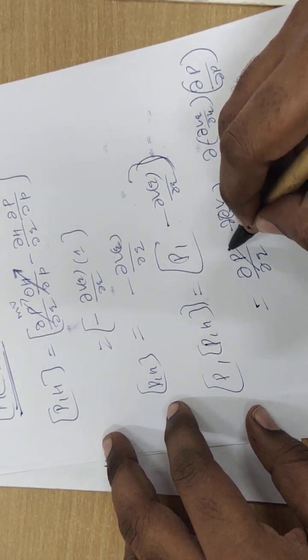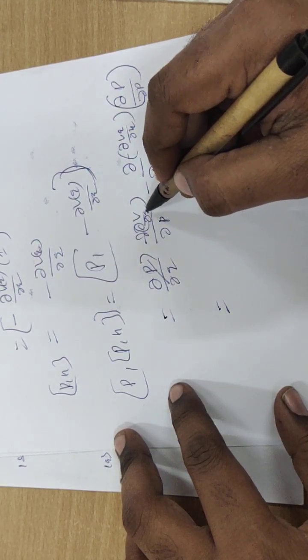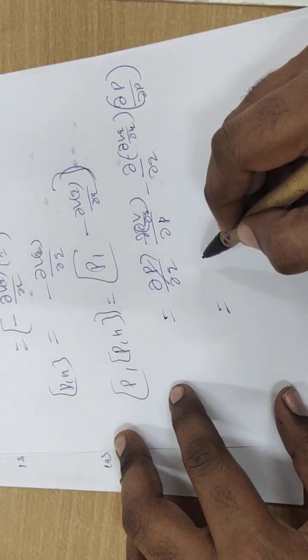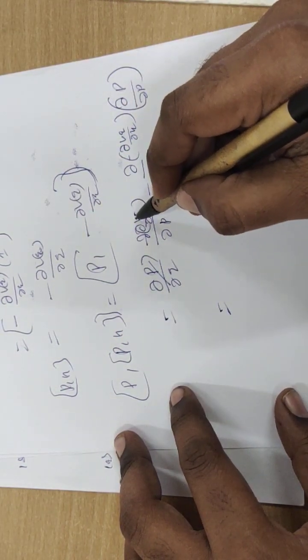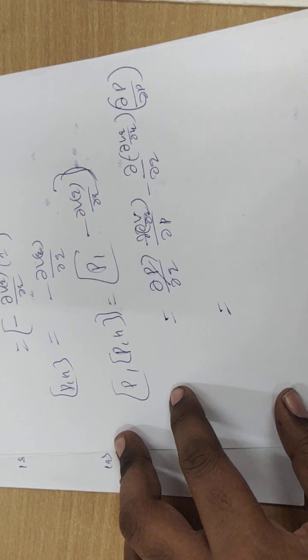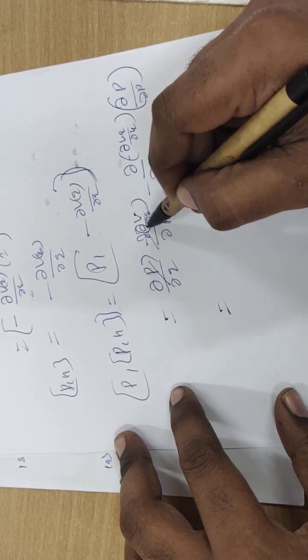And dou p by dou q is 0, and also dou p by dou V by dou q is nothing but, see, it is a component of velocity and it is position, so again it is 0.